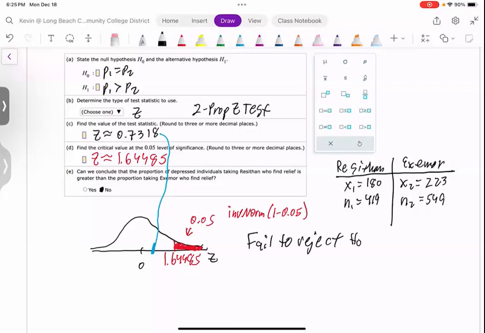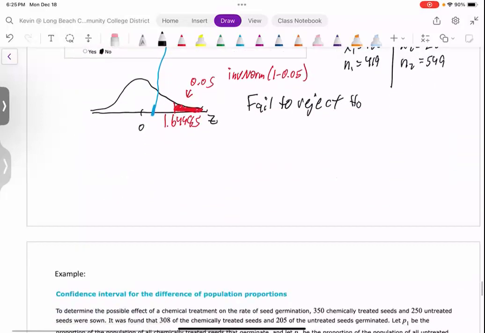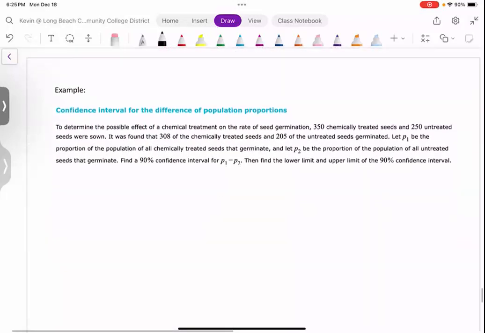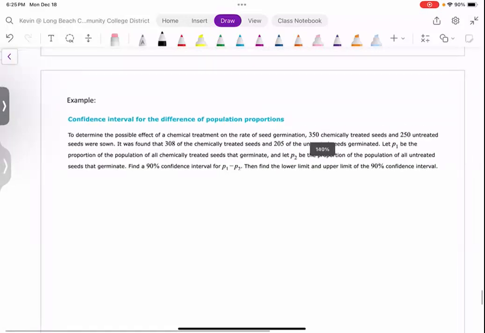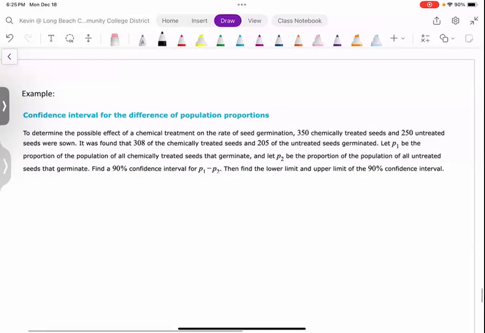And finally, we have a confidence interval. This is going to be a two proportion z interval. To determine the possible effect of a chemical treatment on the rate of seed germination, 350 chemically treated seeds and 250 untreated seeds were sown.